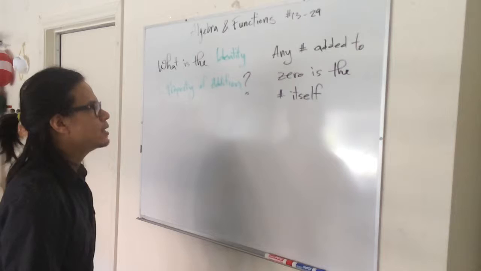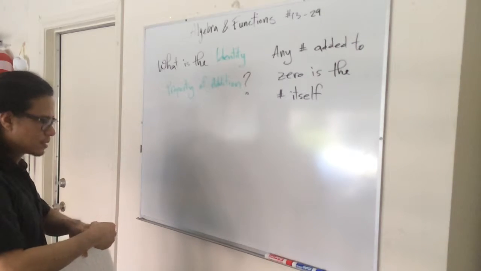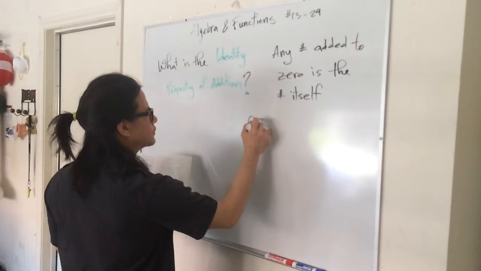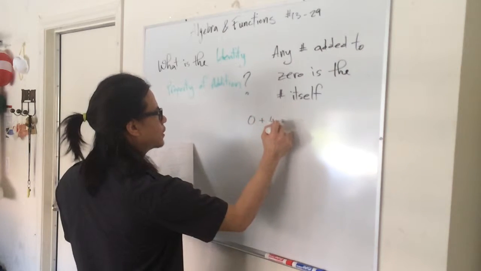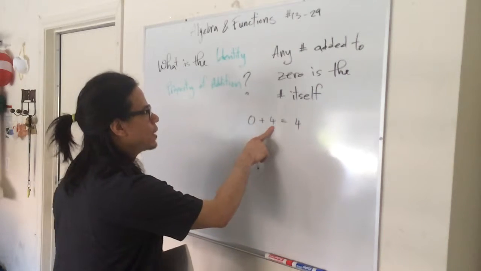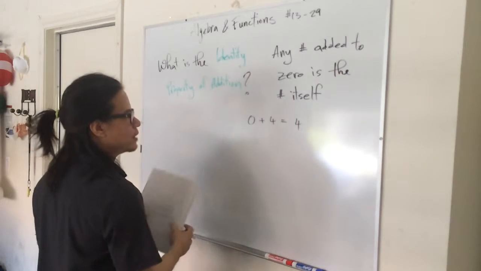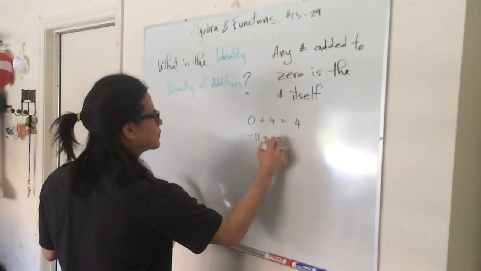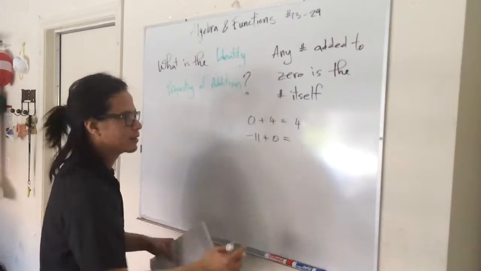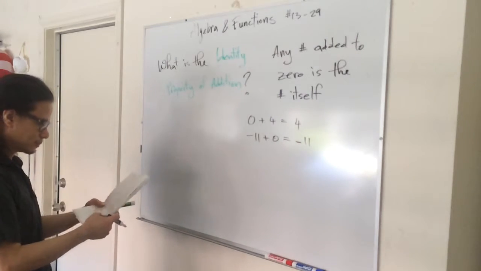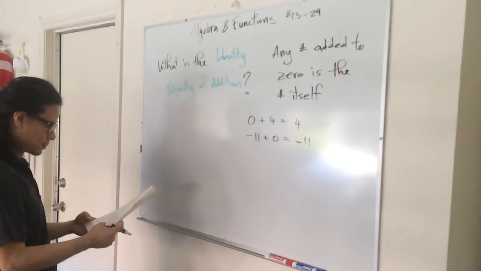Okay? Any number added to 0 is the number itself. So for example, 0 plus 4 equals 4. See? A number 4 added to 0 is itself. Negative 11 plus 0 equals negative 11.